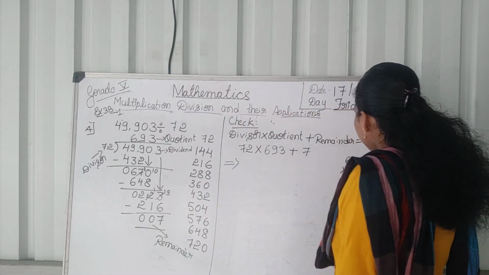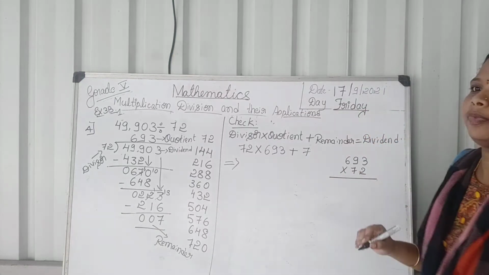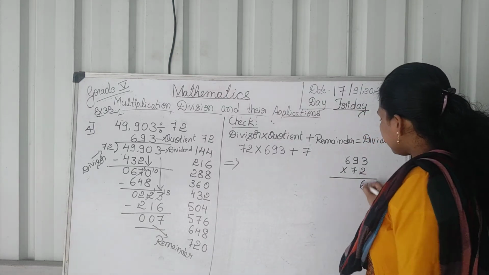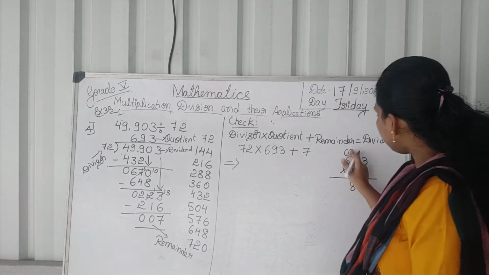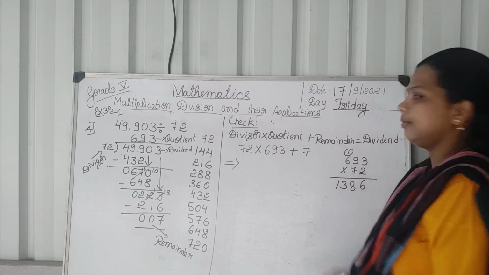693 multiplied with 72. 2 3s are 6, 2 9s are 18, carry 1, 2 6s are 12, 12 plus 1, 13.